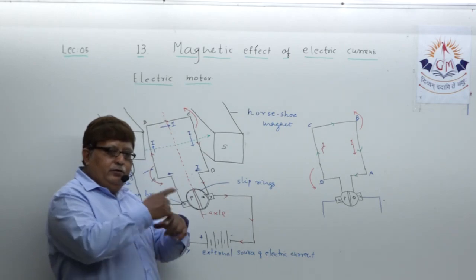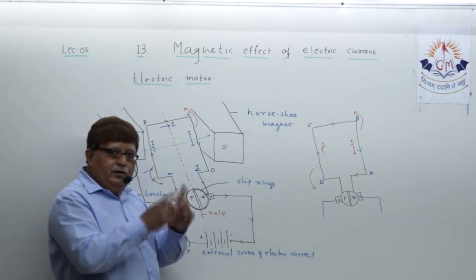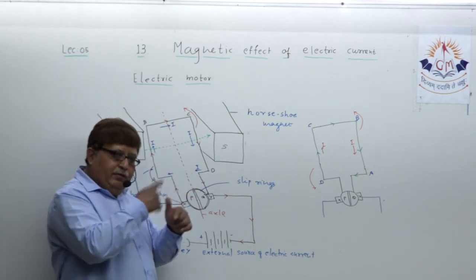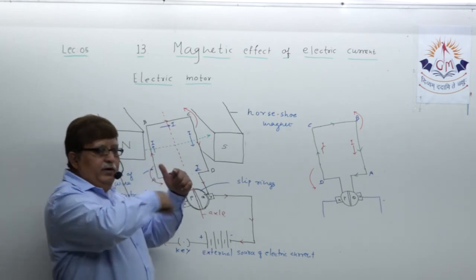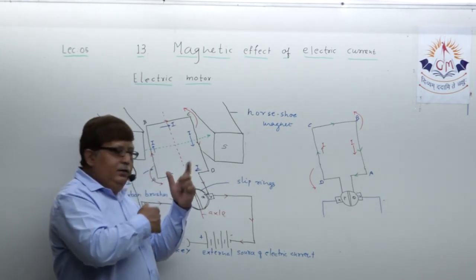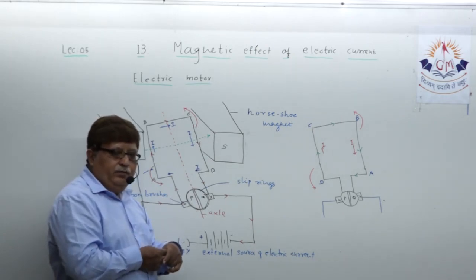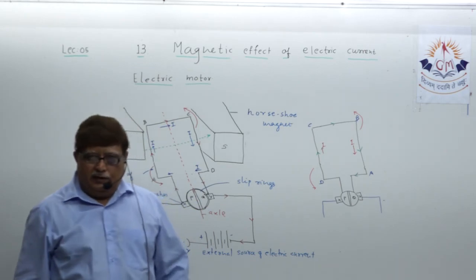The constant flow of electric current and the reversal of current in both sides at every half rotation ensure that the coil of wire will constantly rotate inside the magnetic field. You understood? This is the working of the electric motor.